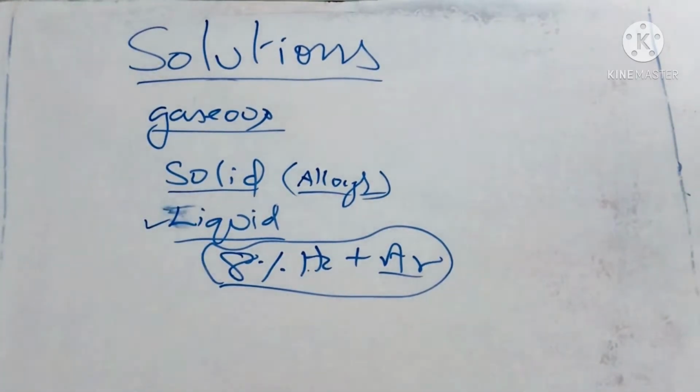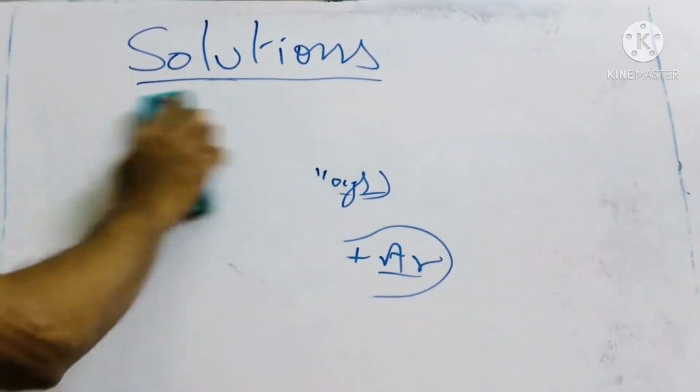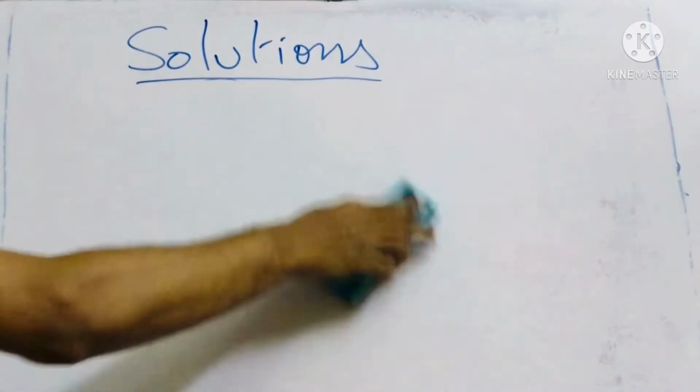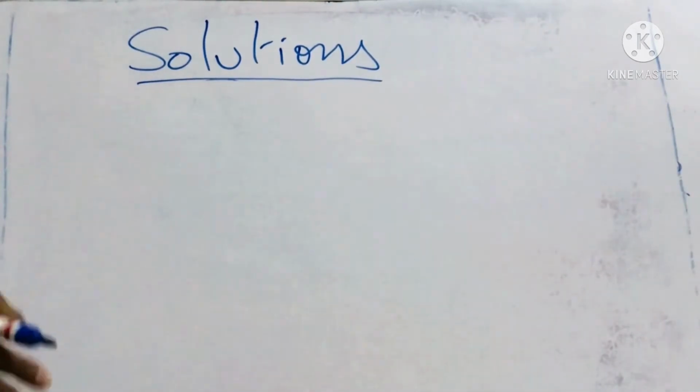Even gas in liquid, gas in solid, there are different varieties, because the solute can be in different forms. If it is a liquid solution, the solvent is liquid, but the solute can be anything. It can be a solid, it can be a gas, like oxygen dissolved in water. The oxygen is a gas in a liquid solution. Like that we can have different types of solutions.